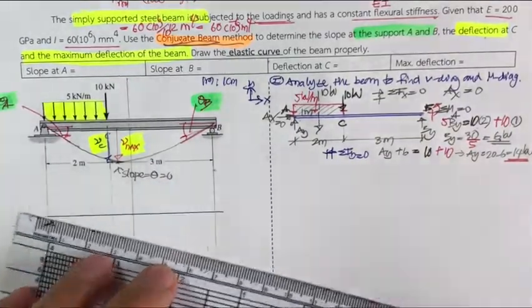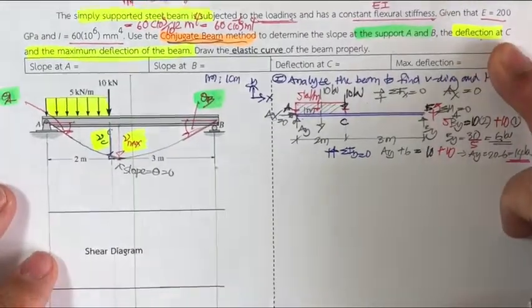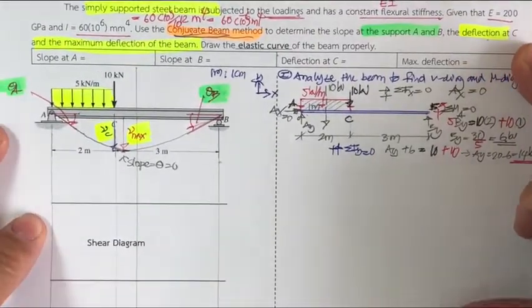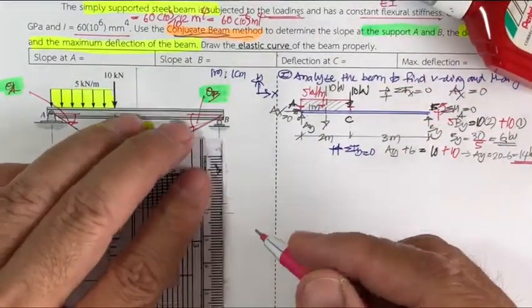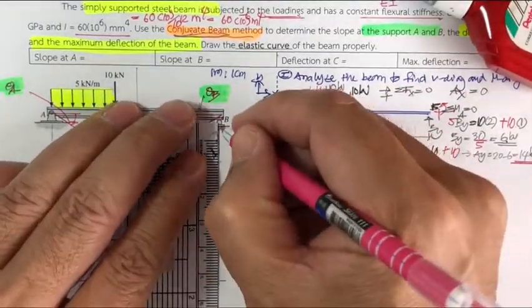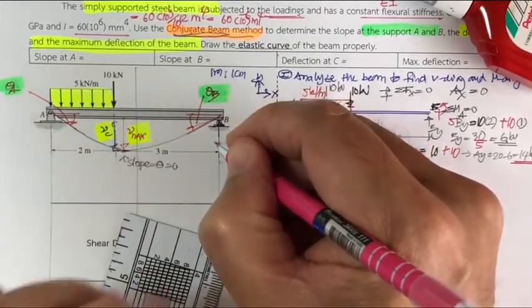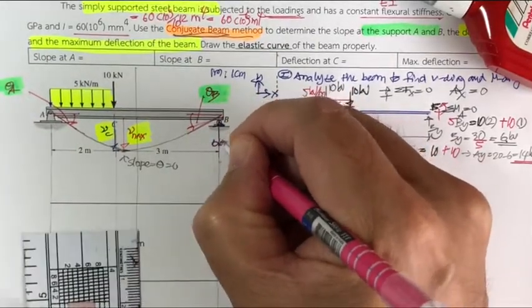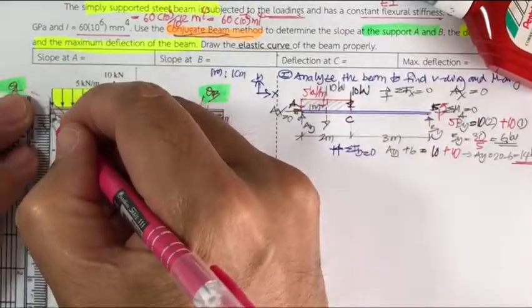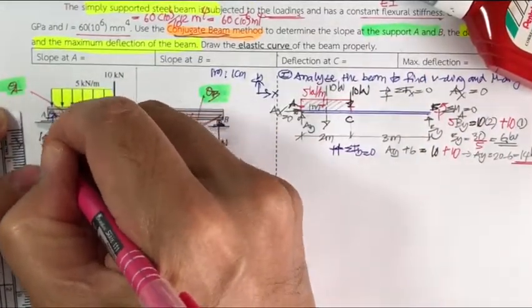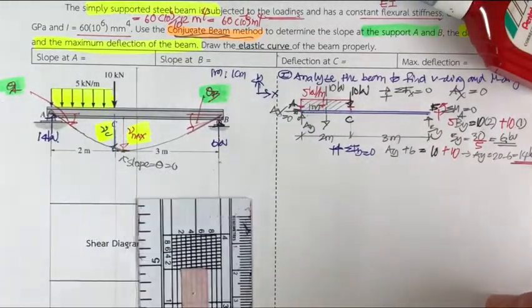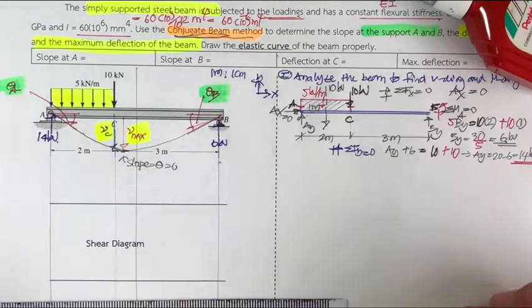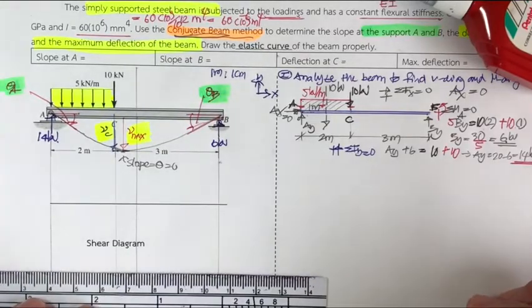And by obtaining this, we come to our beam, and now our beam has the B sub y here of 6 kilonewton, and this is going to be 14 kilonewton. And now we are ready to draw the shear diagram and moment diagram.